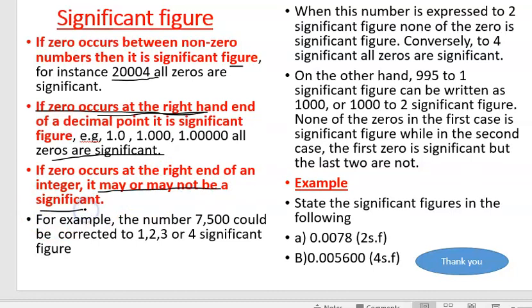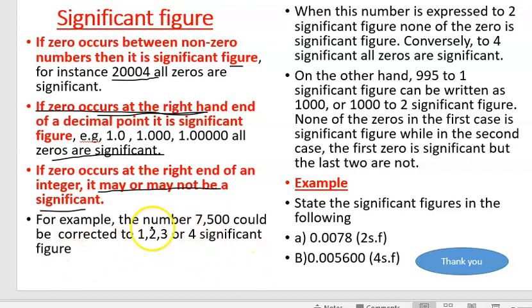Remember, an integer is different from a decimal, and therefore if 0 is to the right of an integer, it means that 0 can be a significant number. At the same time, it may not be. For example, the number 7,500 could be corrected to one, two, three, or four significant figures.